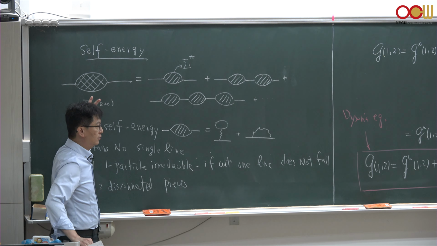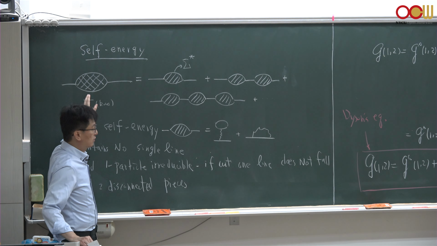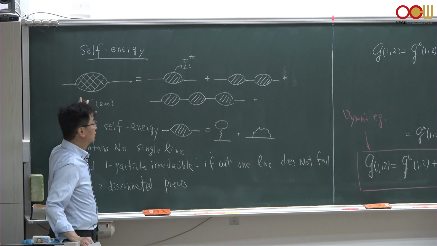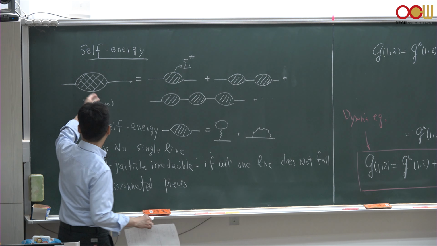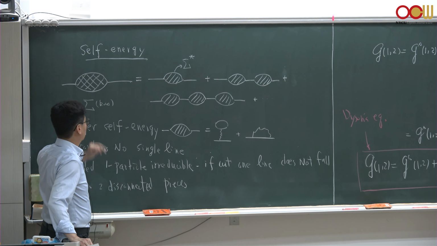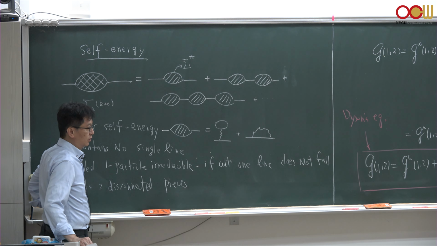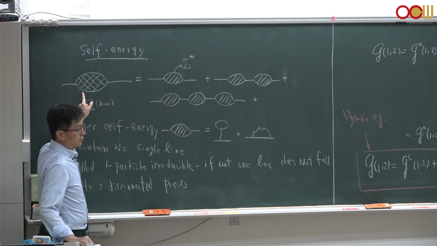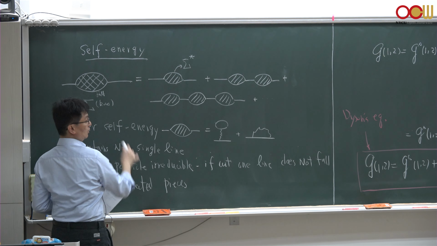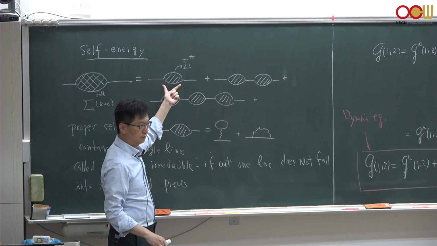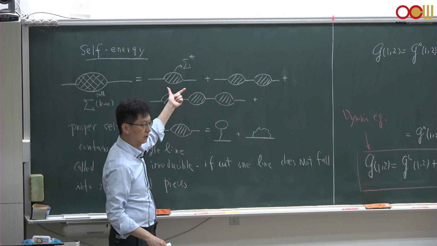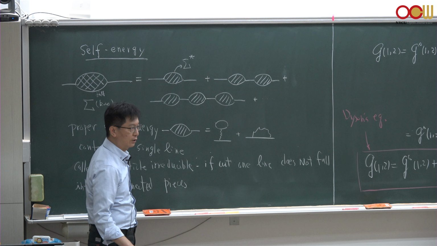So diagrammatically you could consider this so-called full self-energy, which is the bubble with these two different lines that intersect with each other. This is called the full self-energy, which includes an infinite number of these sigma star, which we call the one-particle irreducible self-energy diagrams.